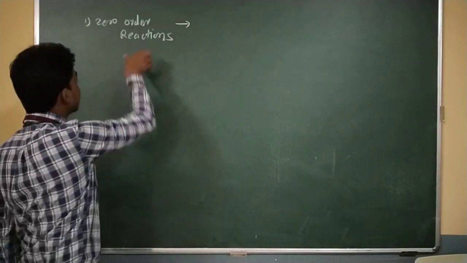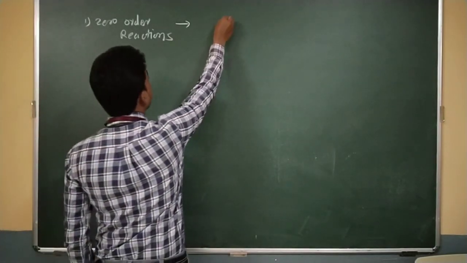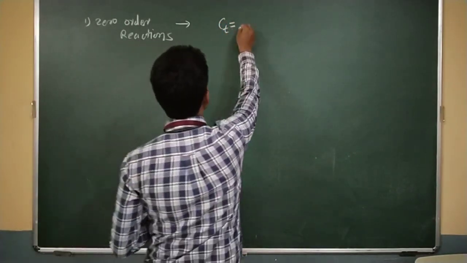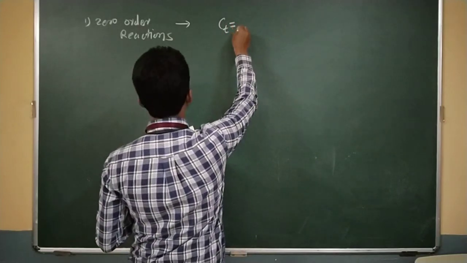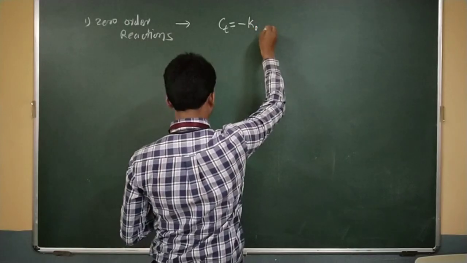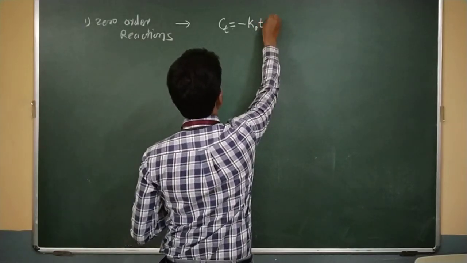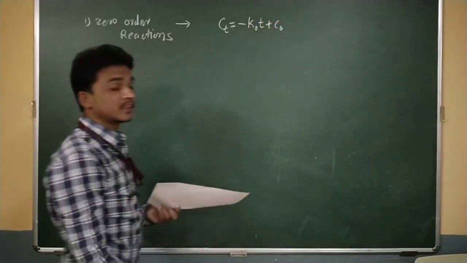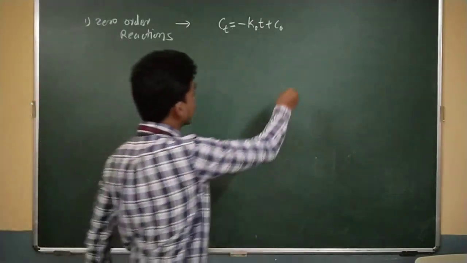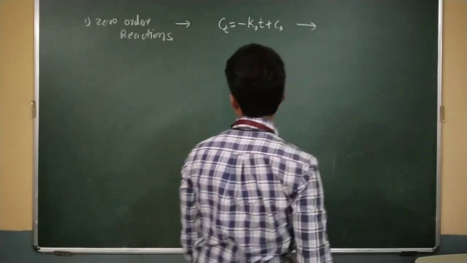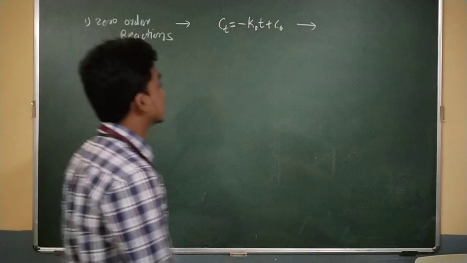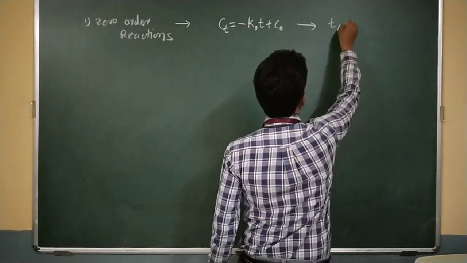The integrated rate equation for zero order reactions is kt plus C naught.